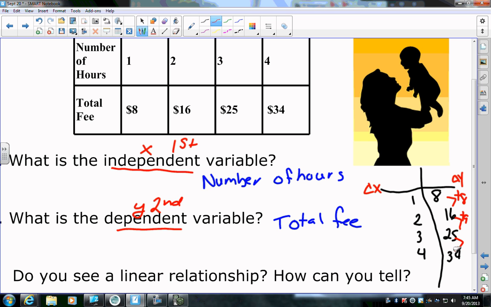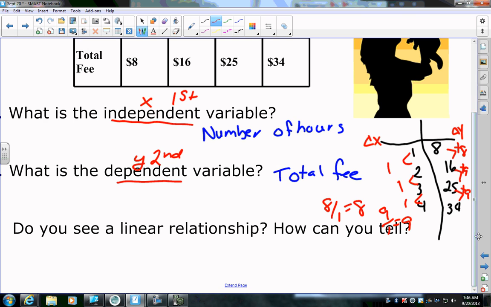And the next one? 9. All right, delta x: 1, 1, and 1. 8 over 1 is 8. 9 divided by 1 is 9. Is it the same the whole way down? No, this is not linear.